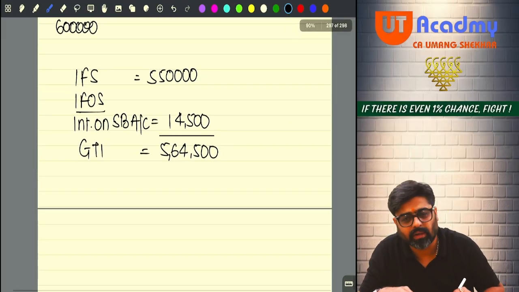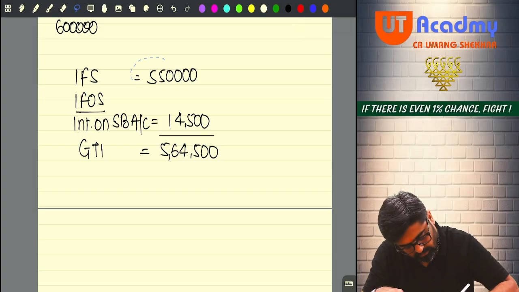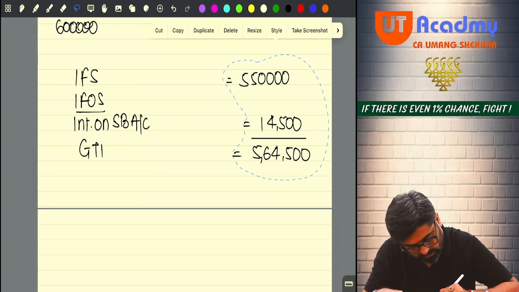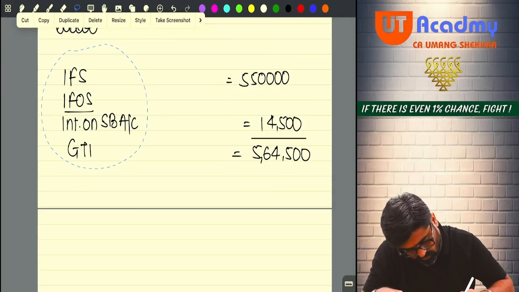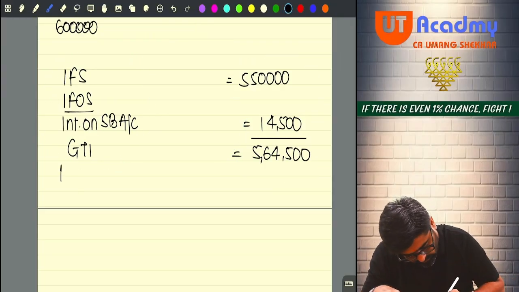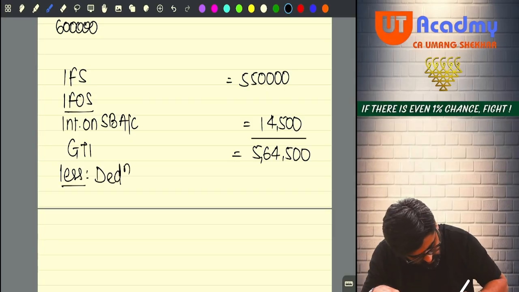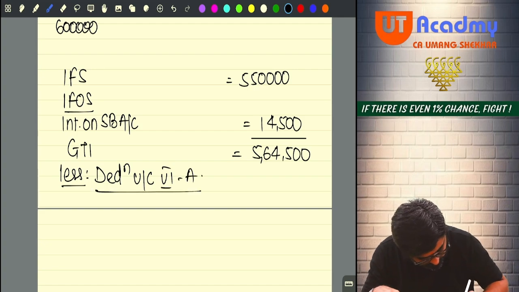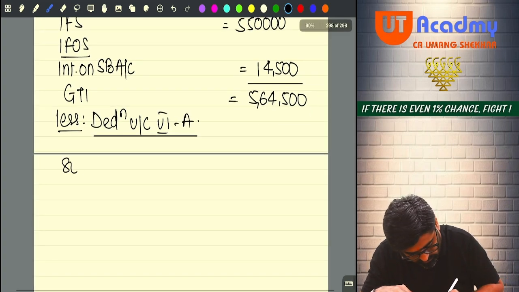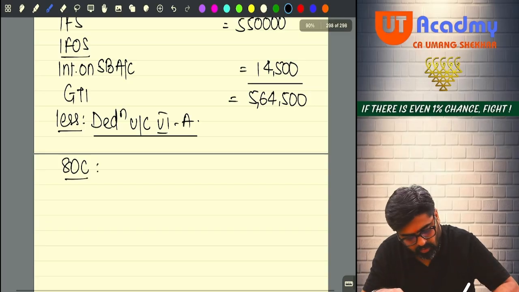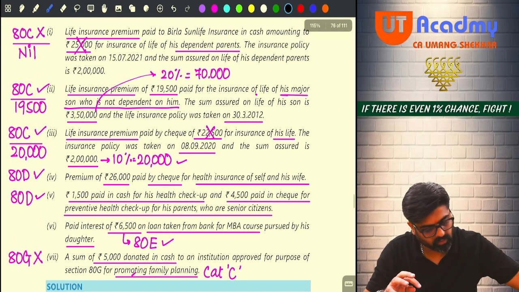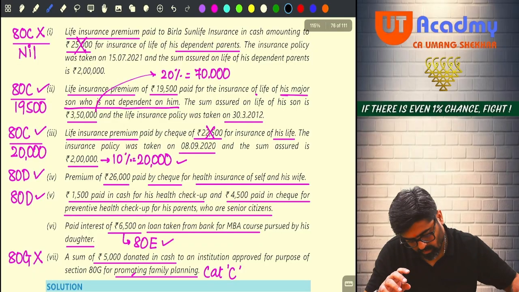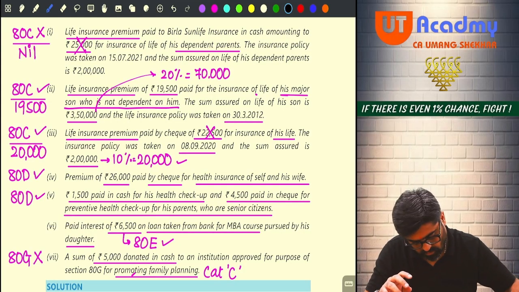Now this entire GTI is normal GTI only. From that you are going to claim Chapter 6A deduction. Are you understanding? Now, less deductions under Chapter 6A. How much deduction? 80C, all the premiums you add: 19,500 plus 20,000.